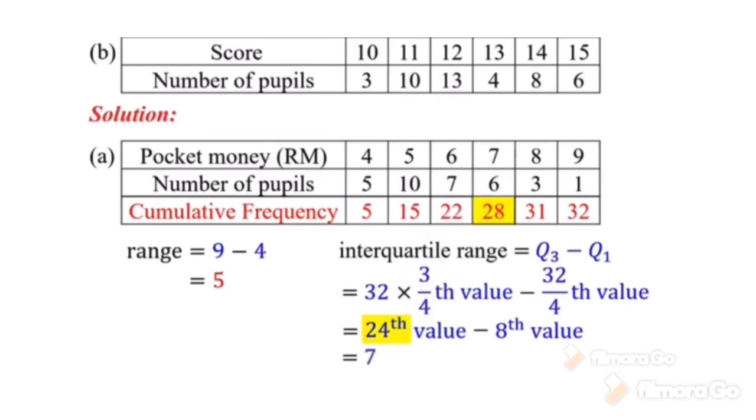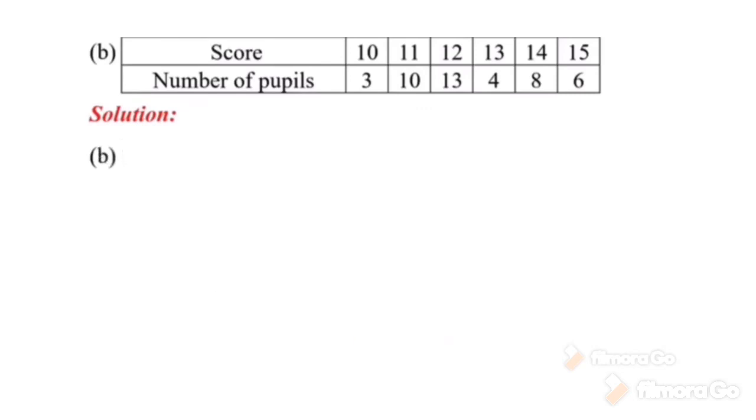The 8th term has pocket money 5 ringgit, because from the 6th onwards until 15, students have pocket money 5 ringgit. So 7 minus 5, your answer is 2 ringgit. This is the interquartile range for the pocket money of the students.